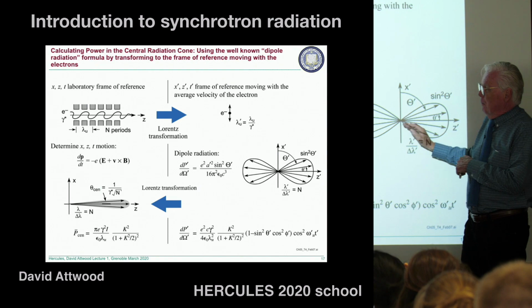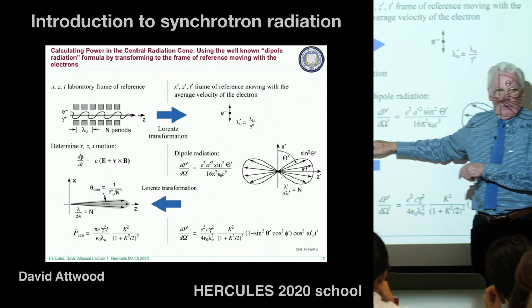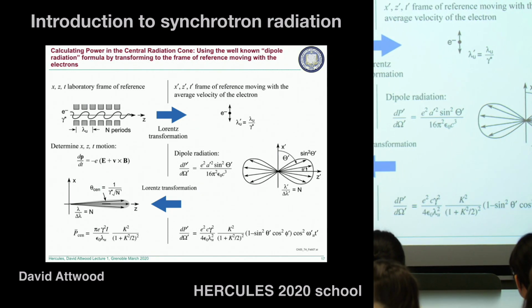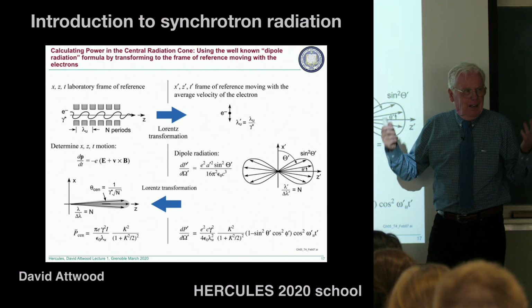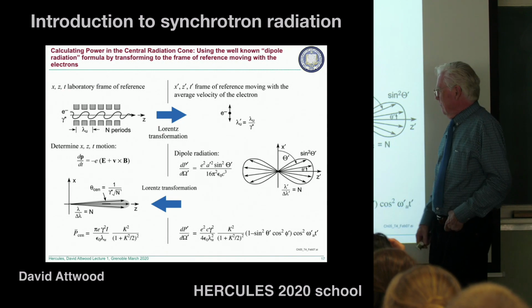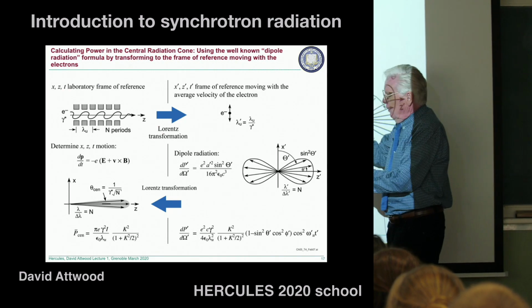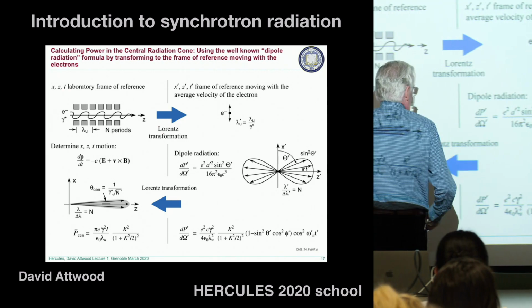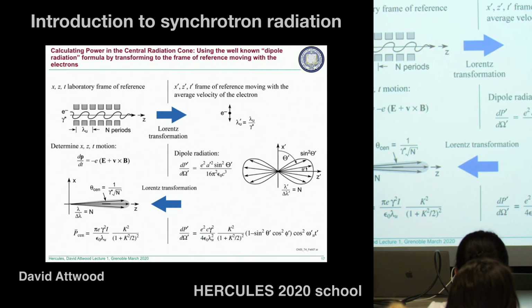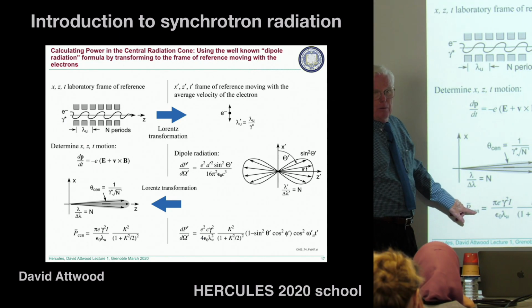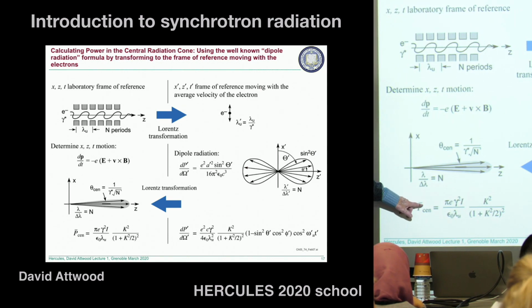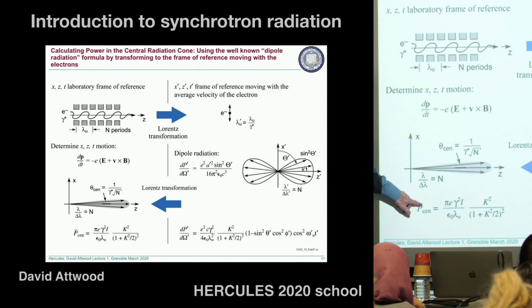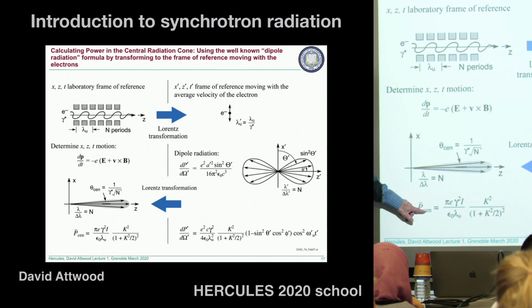Let's transfer back to the laboratory frame, the so-called Lorentz transformation. It's just algebra, it's not a big brain strain. So you take this formula and convert it back, and you will get that this power per unit solid angle gives us this formula. The bar means it is averaged over a cycle, in the central radiation cone.